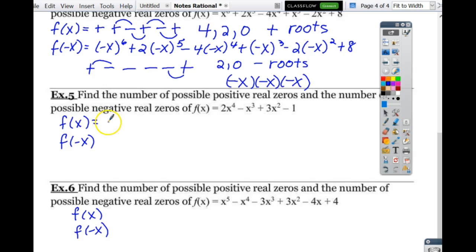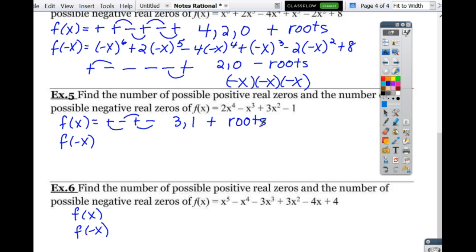All right, let's do it. So the first one is three or one positive roots. I said you go by evens.